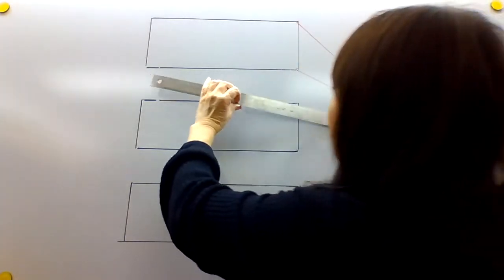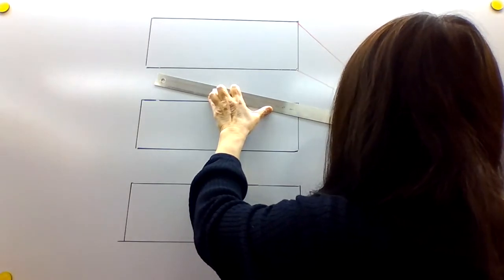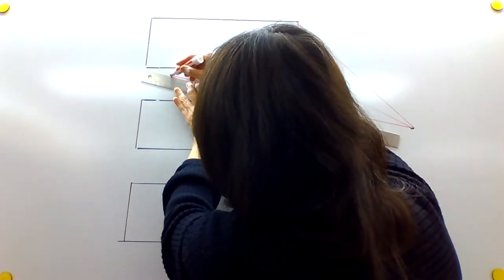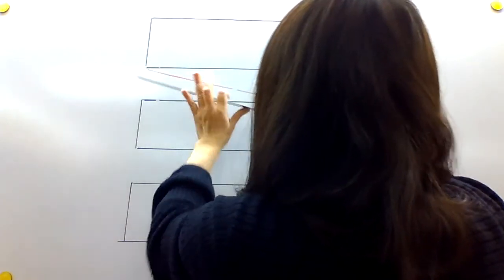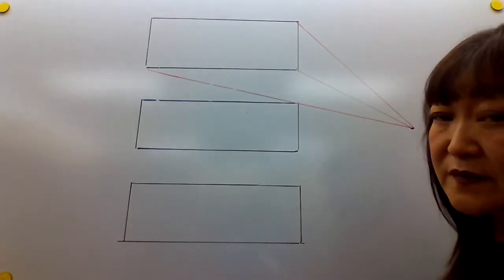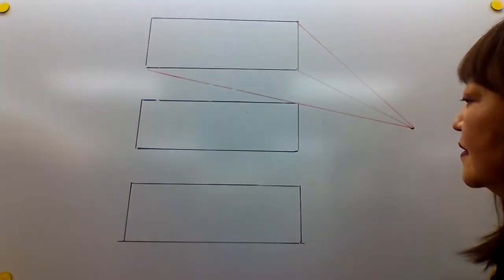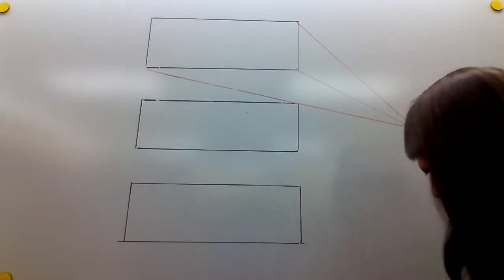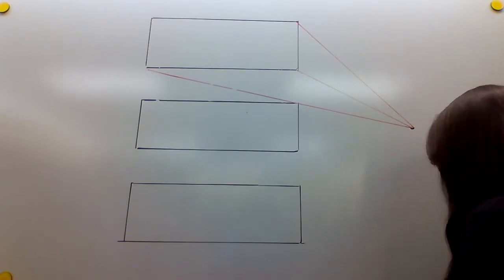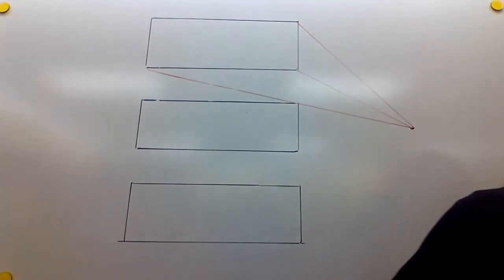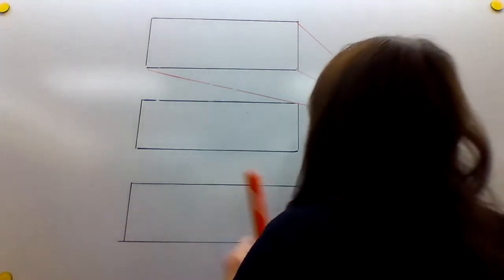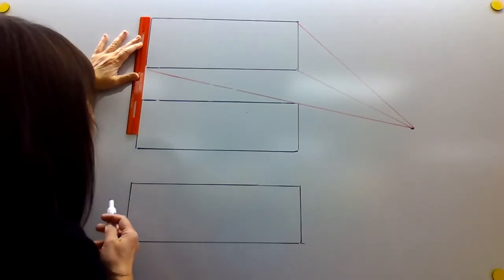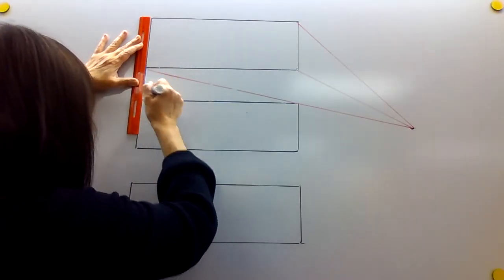Now, my drawing on the whiteboard is not 100% accurate, but your paper is. Okay. So, here we go. All right. Okay. All right. The next thing you'll do is to take the ruler. I'm going to change the color now. Take the ruler up against this edge, okay, and extend it.